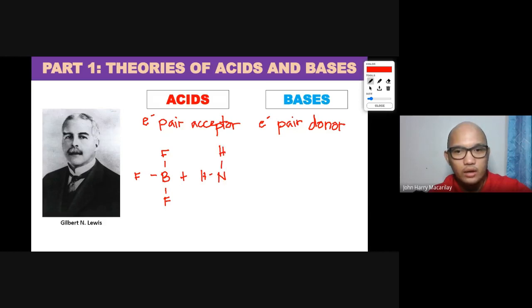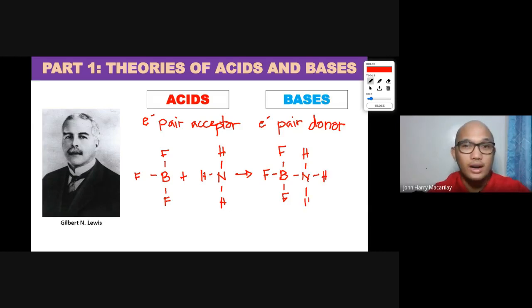So ammonia will now produce a compound which has this structure.